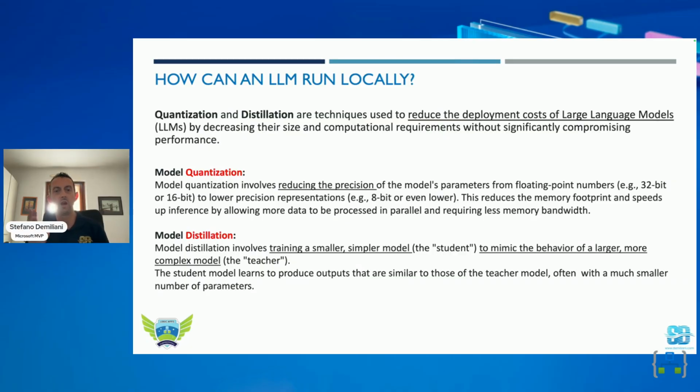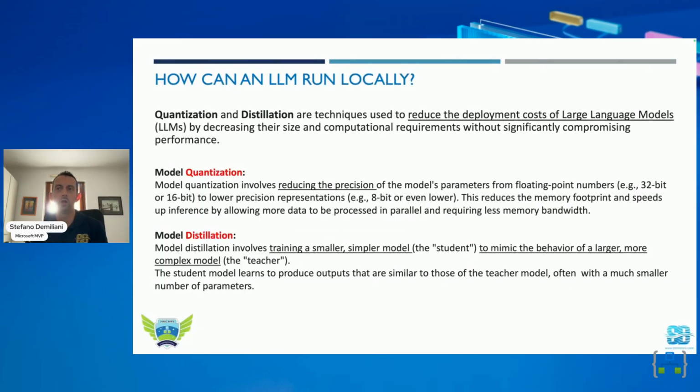And this is the main advantage of private AI. All these models are distilled or quantized from a larger model, one of the models available online from all the main providers. These are reduced versions that you can use offline.